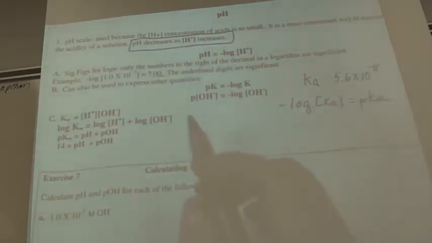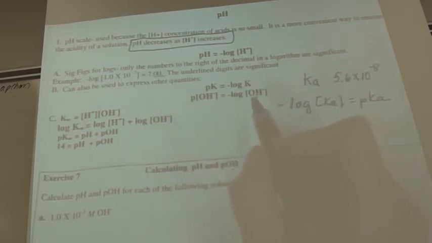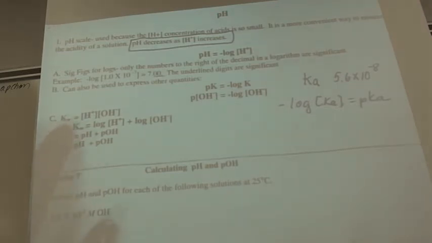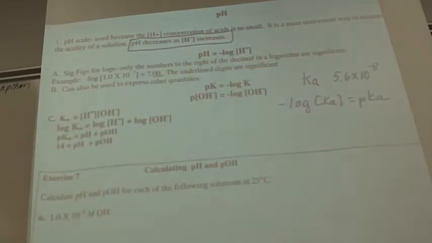You can also find the pOH, which is the negative log of the hydroxide ion concentration. Therefore, Kw, which is a constant, is equal to the hydrogen ion concentration times the hydroxide ion concentration. The log of Kw is equal to the log of the hydrogen ion concentration plus the log of the hydroxide ion concentration.